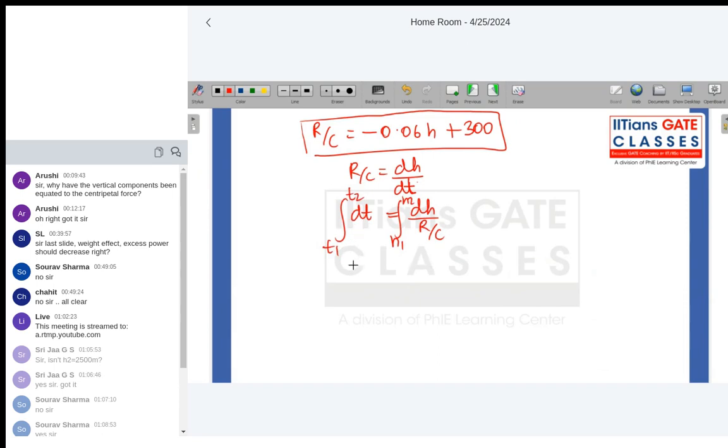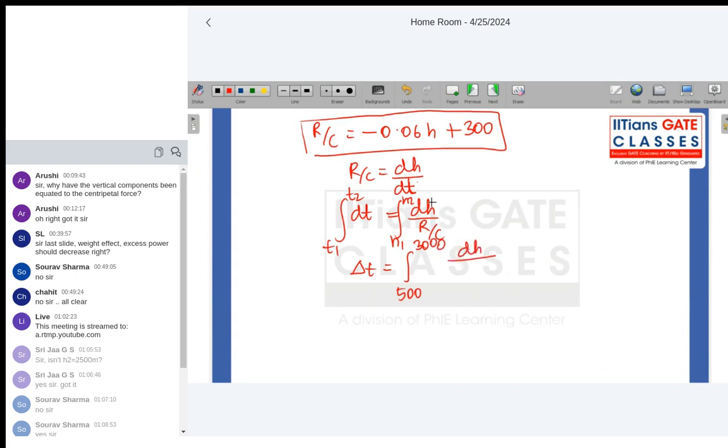So the total time delta t they asked us to find is from 500 meter altitude to 3000 meter altitude.